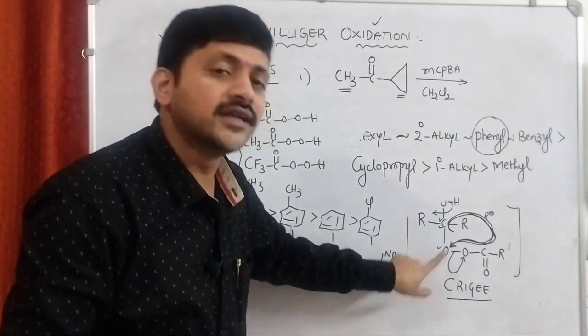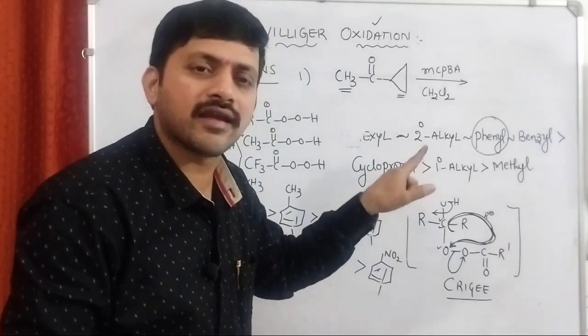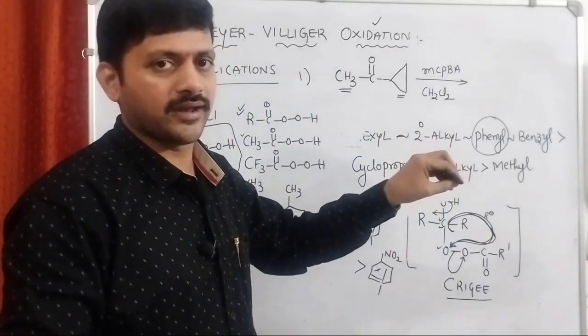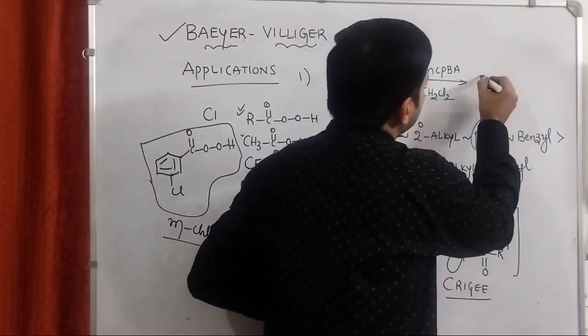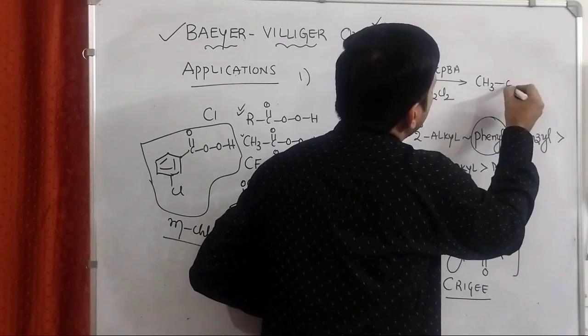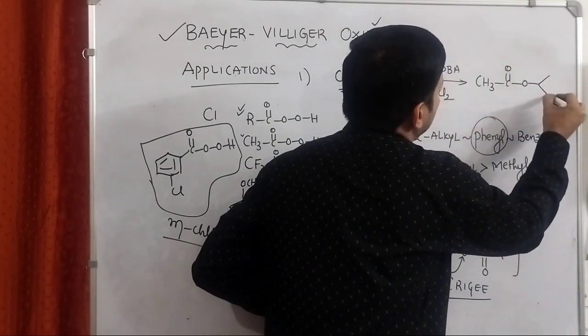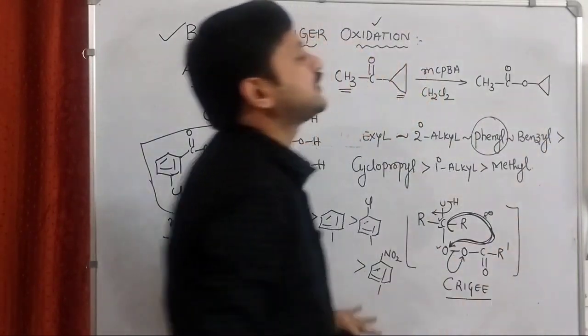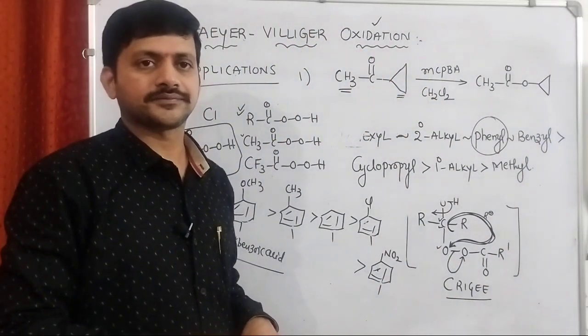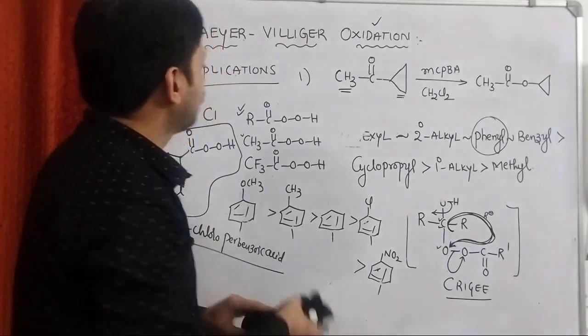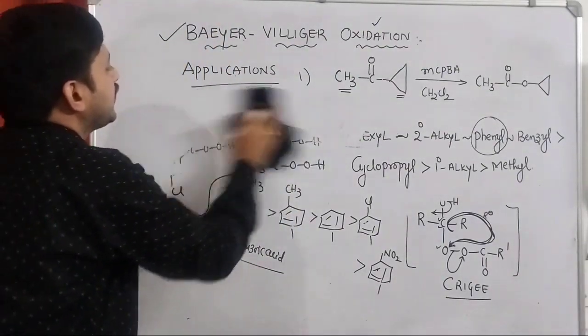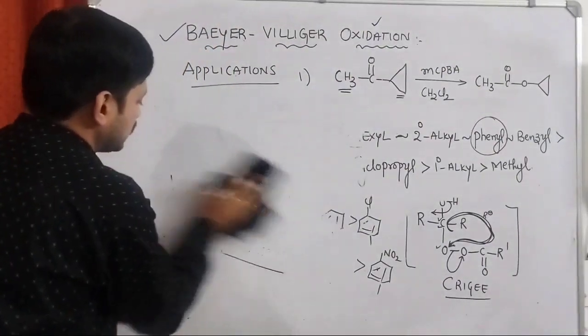It means the oxygen must be attached to the cyclopropyl. So CH3, C double bond O, oxygen, cyclopropyl. This is the final product. In this way, we can identify different kinds of applications.